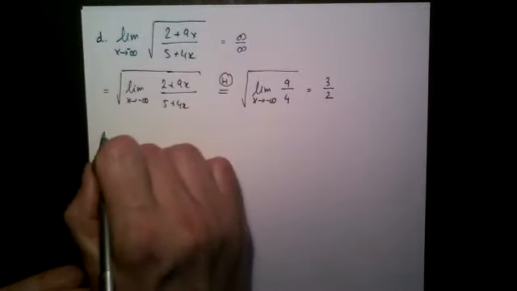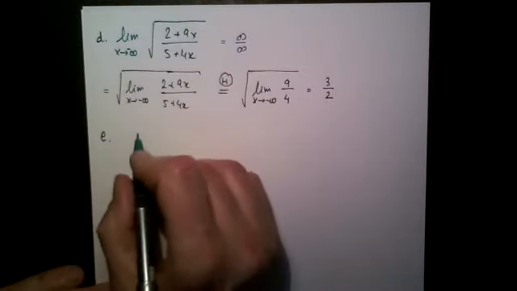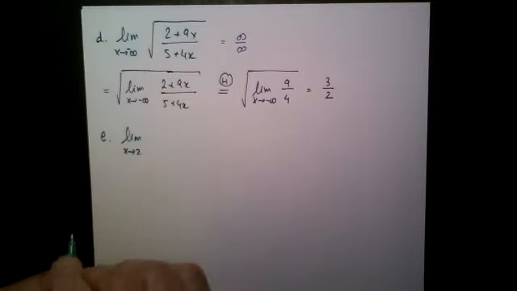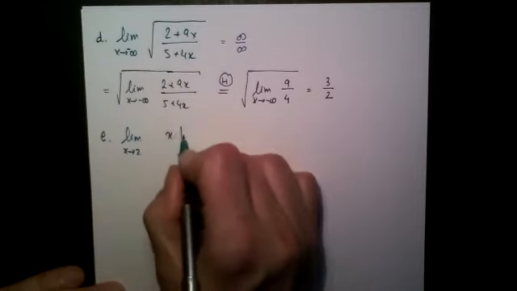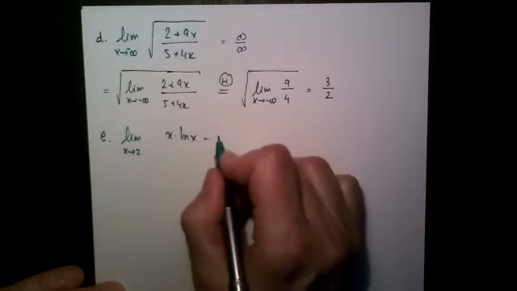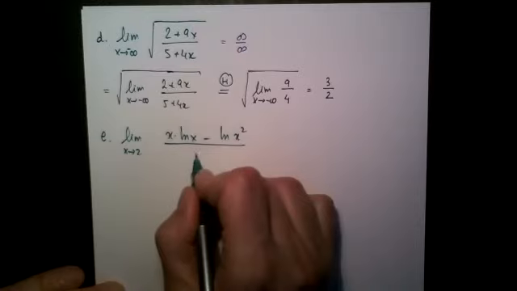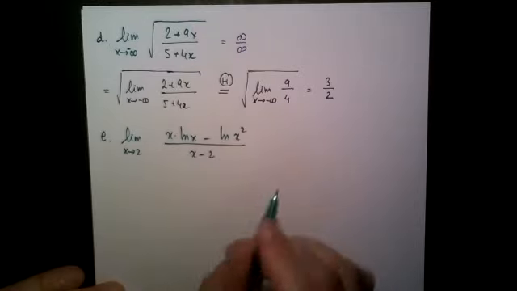E, limit as x approaches 2 of (x ln x minus ln of x squared) over (x minus 2).